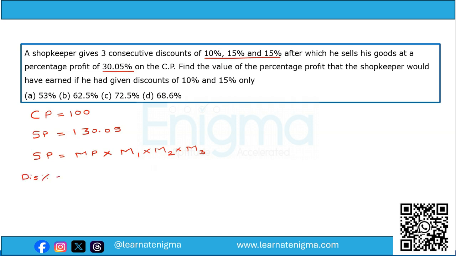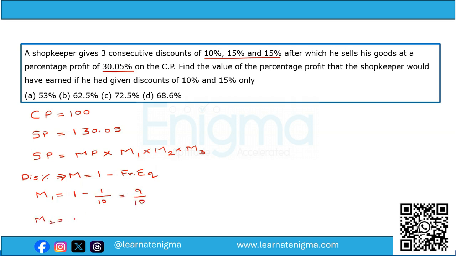So for a discount percentage, the multiplier is 1 minus the fraction equivalent of the percentage. Therefore, in this case, M1 will become 1 minus 1 by 10, that is 9 by 10.